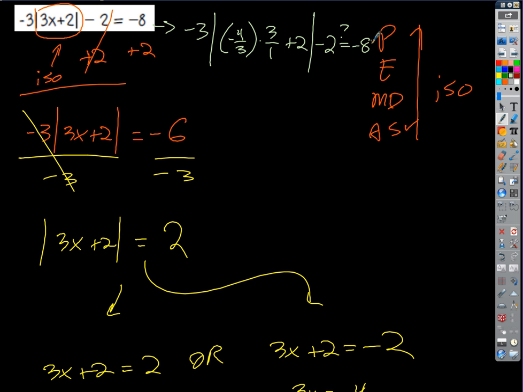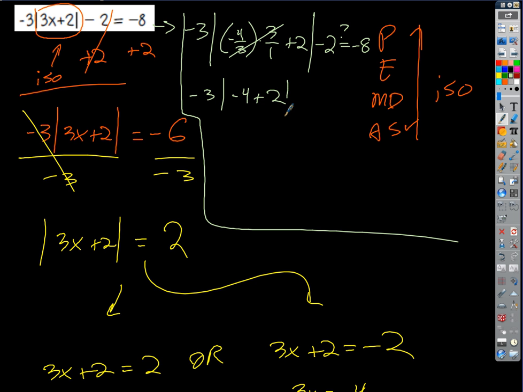Well, if I multiply these fractions, I could cross-cancel, right? So -4/3 times 3 is just -4, right? So that gives me -3 times the absolute value of -4 plus 2, minus 2 equals -8. -4 plus 2 is -2.